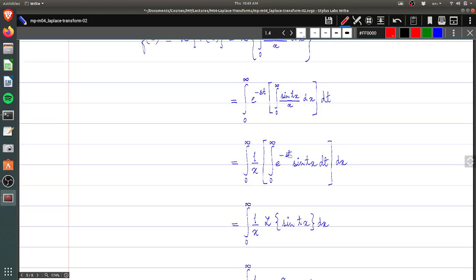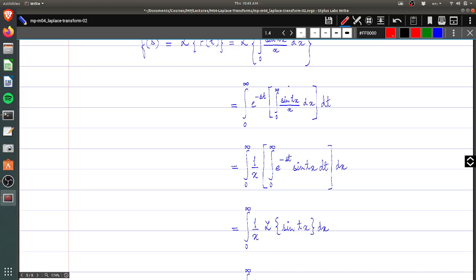If you look at this expression, first we are supposed to integrate with respect to x, then with respect to t, but I'm going to swap the order of integration, which I'm allowed to do because t and x are independent of each other. So first I integrate with respect to t and then with respect to x.